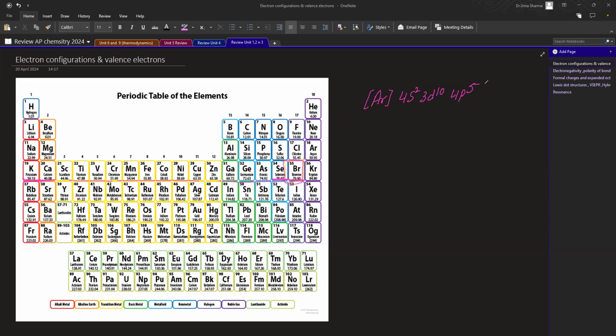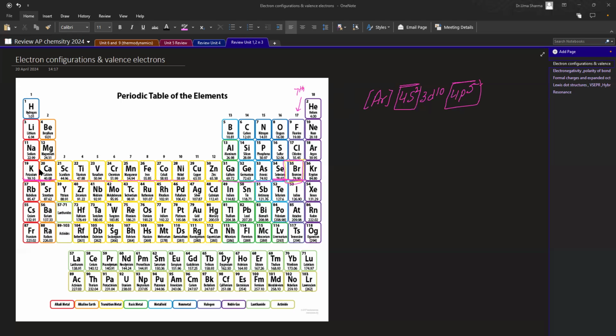Now tell me what is the outermost valence shell? Remember I gave you the definition. Outermost valence shell is the fourth one, Kiki. Very good. 4s2, 4p5. So how many valence electrons are there? 7. It is in which family? Halogen family. This is also called the 7th family.